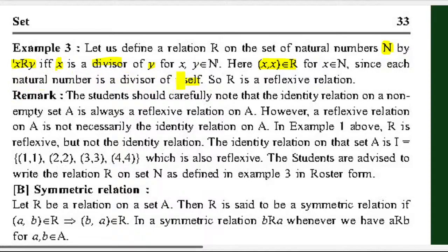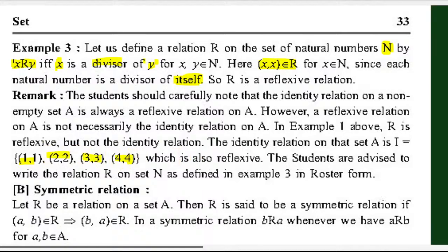Yes or no? Say the number 2. 2 can be divided by 2. So say x is 2, x is a divisor of y, so y is 4, no doubt. But 2 itself can be divided by 2 itself. See here, (1,1), (2,2), (3,3), (4,4).